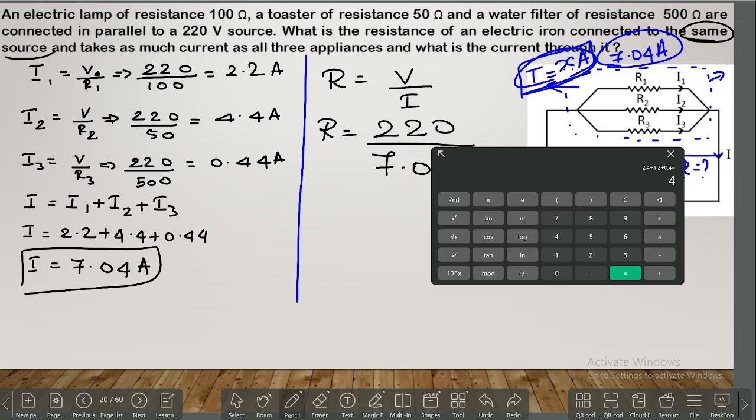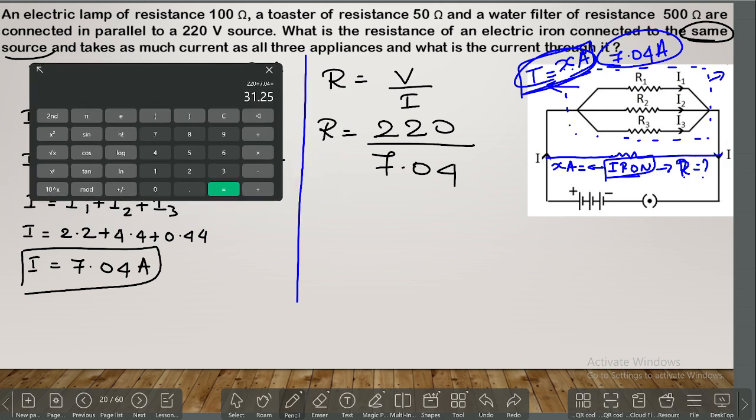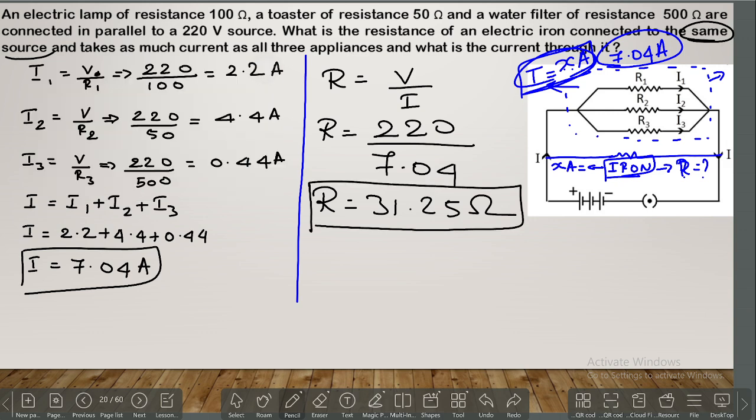If you divide these two numbers, 220 divided by 7.04, R is equal to 31.25 ohm. The electric iron is going to have a resistance of 31.25 ohm.